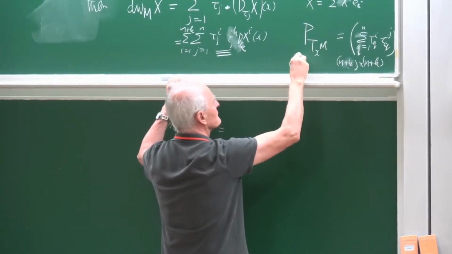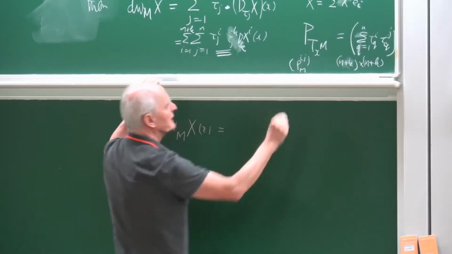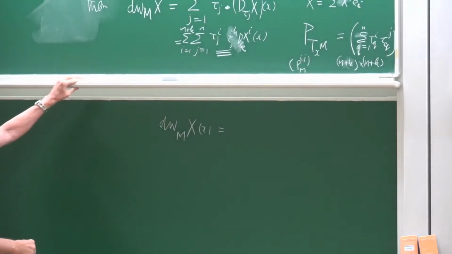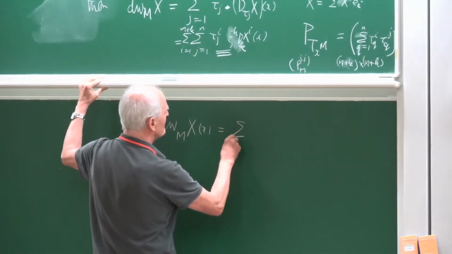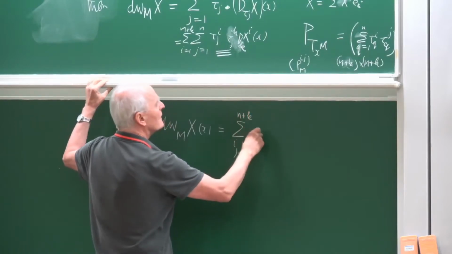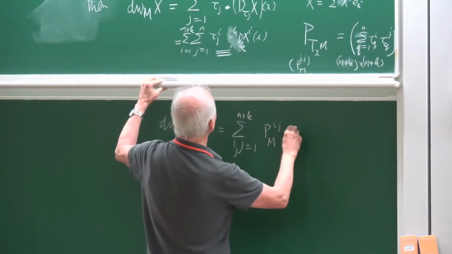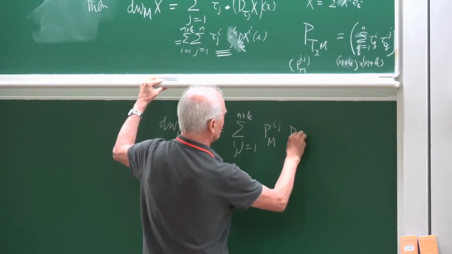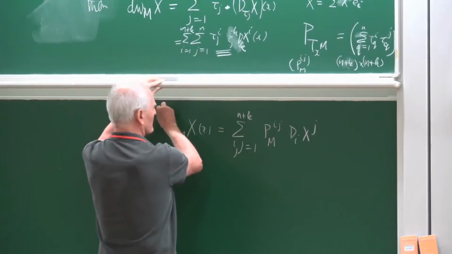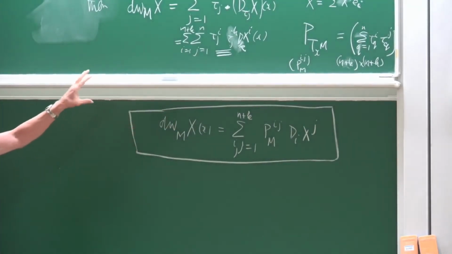It's the matrix of this orthogonal projection onto the tangent space of M, so maybe better to call it P^M_ij. So this is the sum over i, j equals 1 up to n+k of P^M_ij D_i X_j. That's a third expression. This one is valid provided X is C1 in a neighborhood of U.